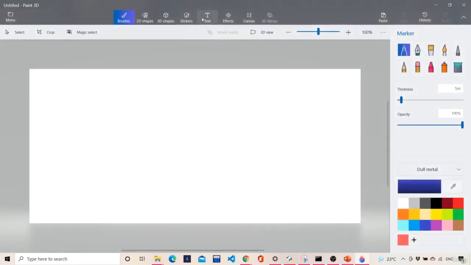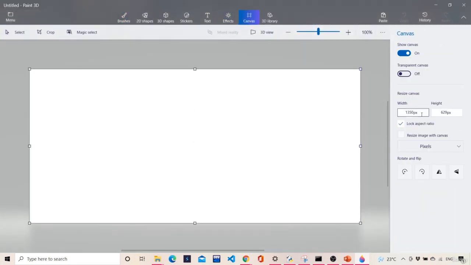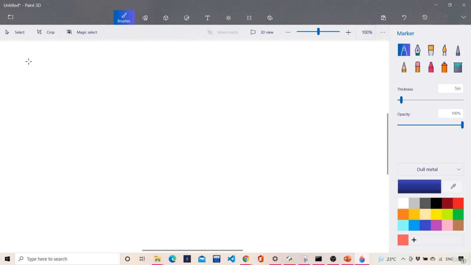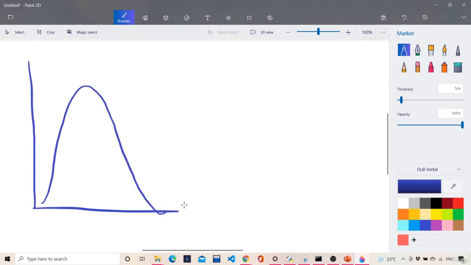So what do I mean by that? Let me explain it quickly. Let's say that over here we have a Gaussian distribution curve like this, and we want to plot a probability plot of it. I'll take this point over here.